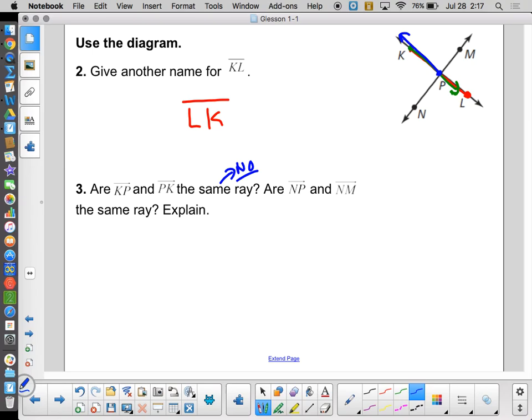Are NP and NM the same ray? Well, let's draw it and see. NP starts here and goes this way. NM starts here and goes this way. Yes, those are the same ray. Same endpoint, going the same direction.